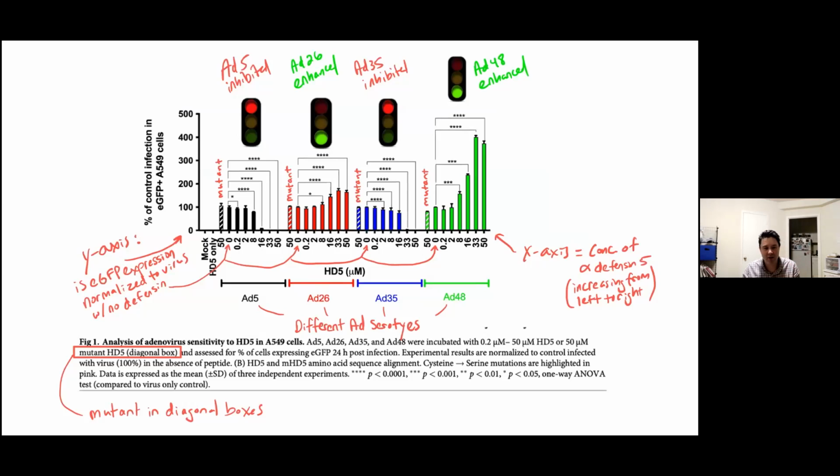What I'm showing here is I've highlighted something. I have this box around mutant HD5. The diagonal box is over here. That's going to be where your mutant HD5 is. So right here, here, and here. And I just wrote the word mutant above it, just so I don't have to think about what that diagonal box is. If I put the manuscript down and come back a few days later, I don't have to be confused. It's right there in front of me.